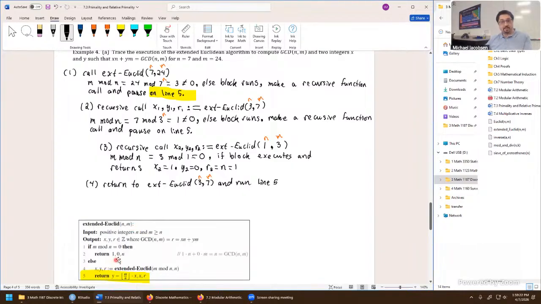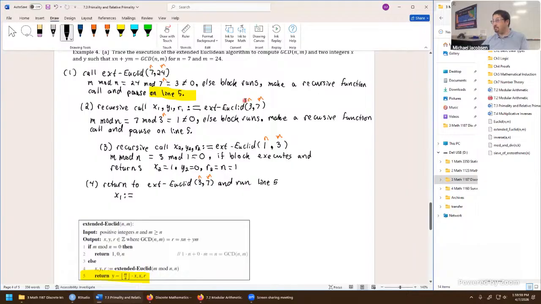So again, this is just a list of 3 different values. The list says your first thing that's going to be your output, not the original x, but an output to x1 is formed through this part right here up to the comma. So let's define x1 to be equal to, when it says y, it's talking about the y right here, the y2, because we're returning to Euclid 1, 3, it was paused on line 5 on this recursive call.